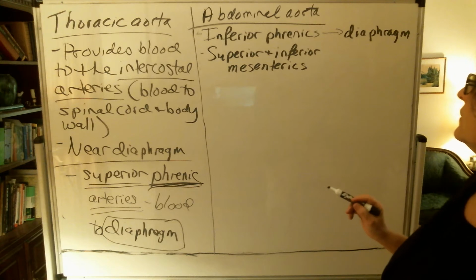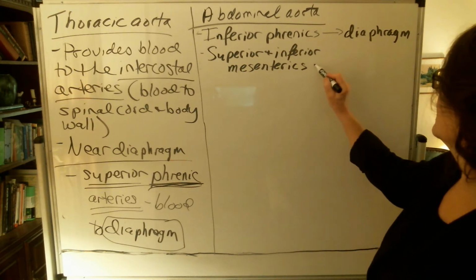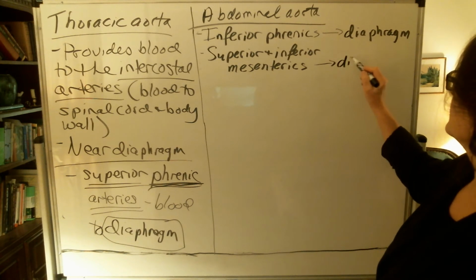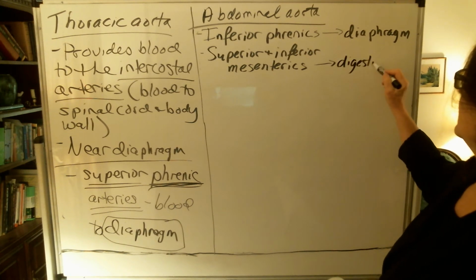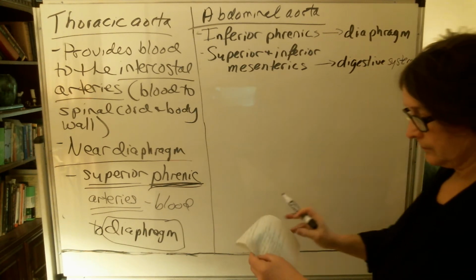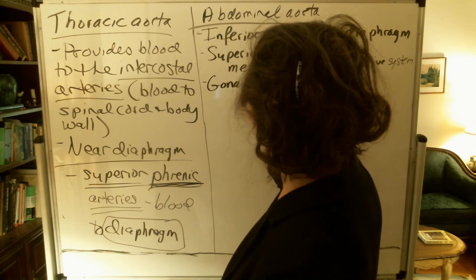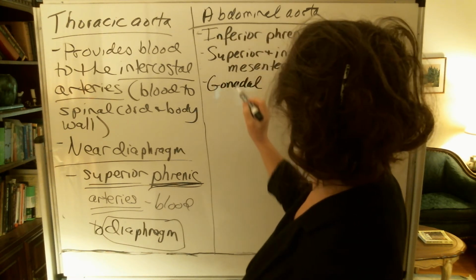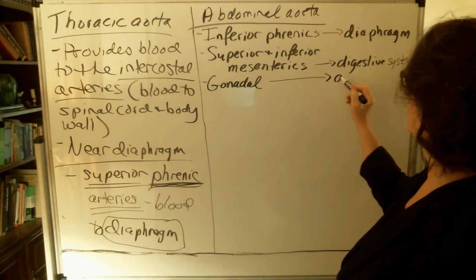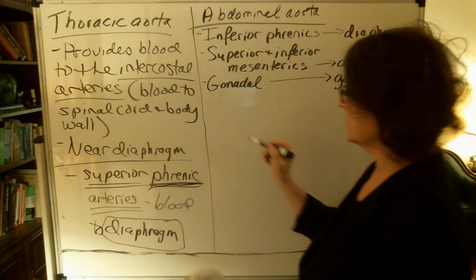Here they are, the superior and inferior mesenteric arteries, and these bring blood to the digestive system. Then there are the gonadal arteries, which bring blood to the gonads, your sex organs.